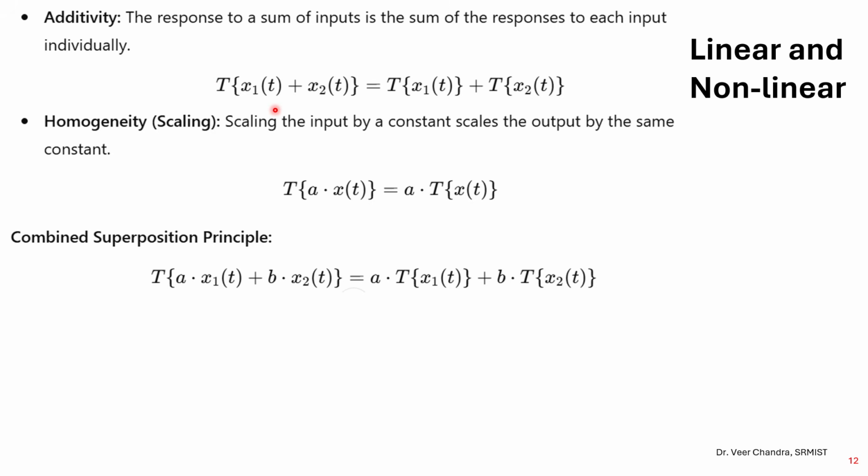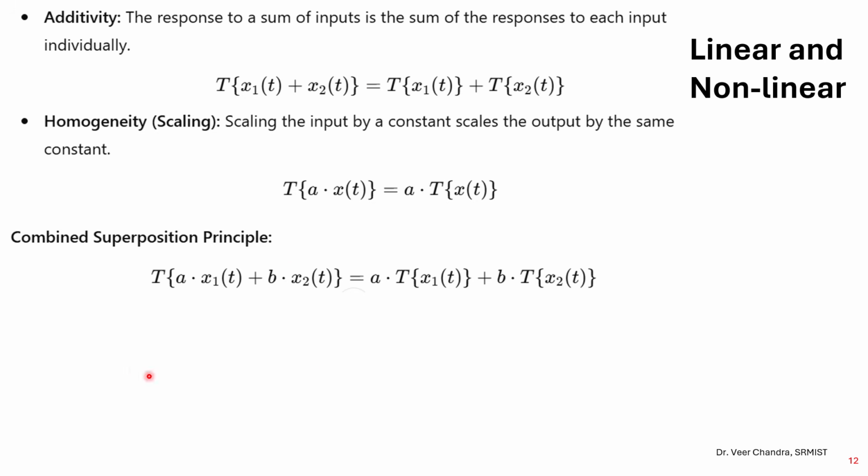For the additive property, T of x1(t) plus x2(t), if you add T of x1(t) and T of x2(t), that is y1(t) and y2(t), both will be equal. And also the scaling property, that is T of a·x(t) is equal to a times T of x(t).